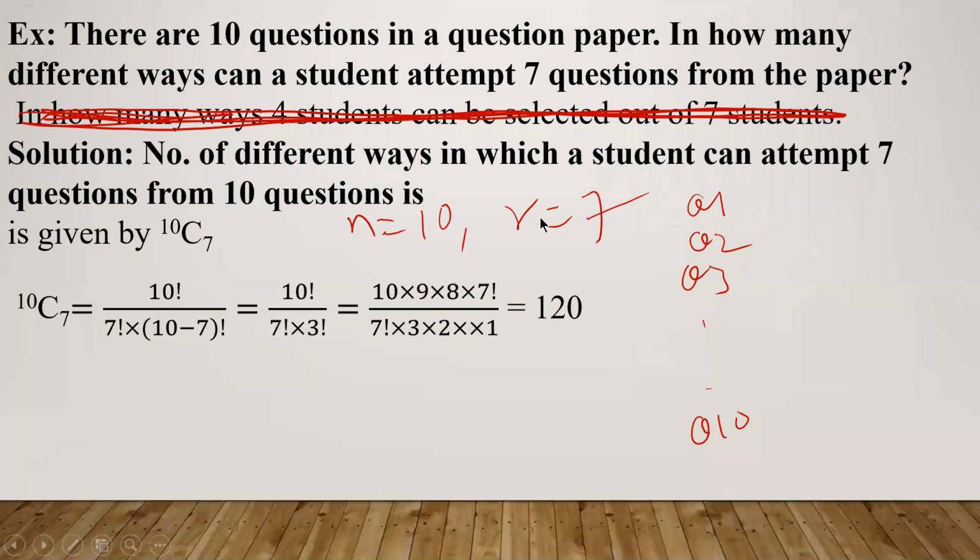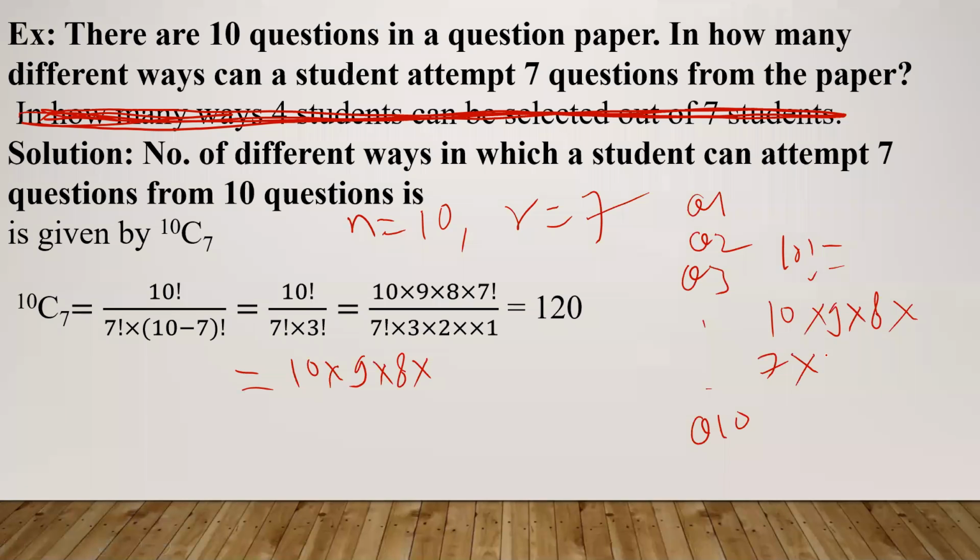So 10C7 ways. Here I have calculated 10C7. That is 10 factorial divided by 7 factorial into (10 minus 7), that is 3 factorial. Now 10 factorial is 10 into 9 into 8 into 7 into 6 into 5 into 4 into 3 into 2 into 1. इतना पूरा ना लिखकर यहाँ से यहाँ तक का क्या है?